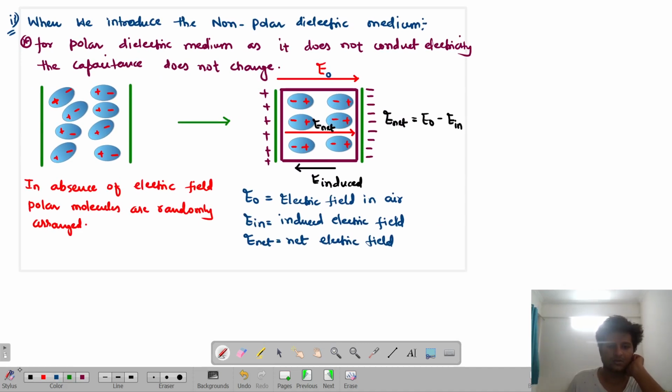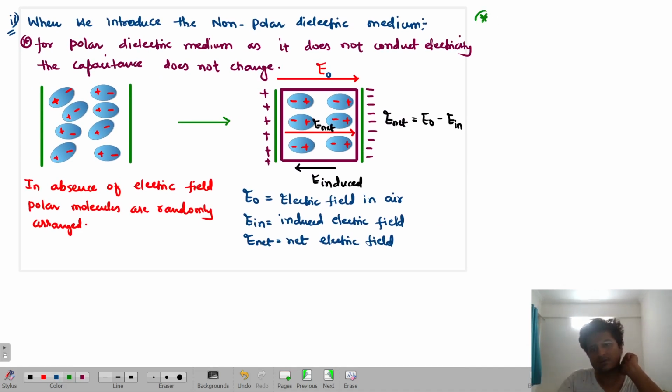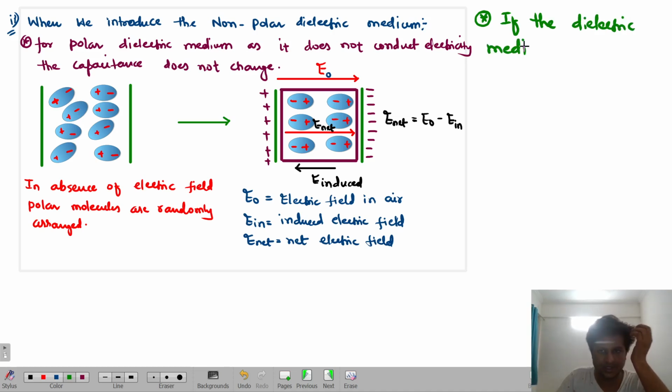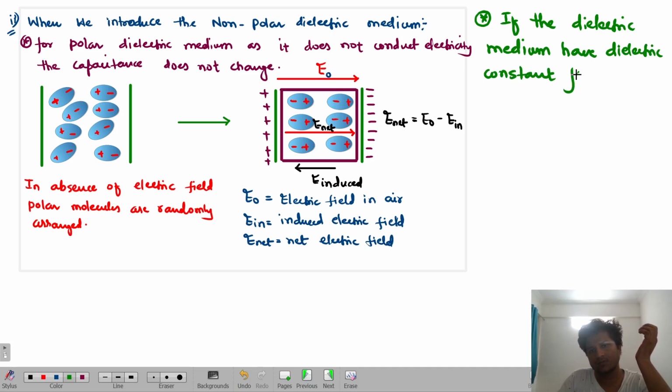If the dielectric medium has dielectric constant kappa, then the net electric field developed is E naught by kappa, or not?